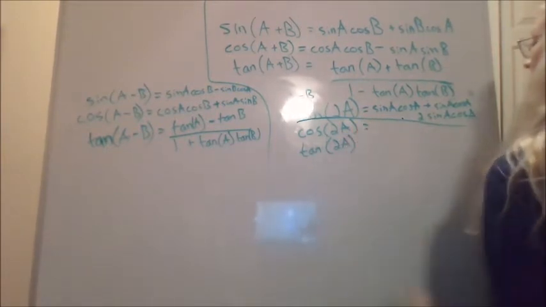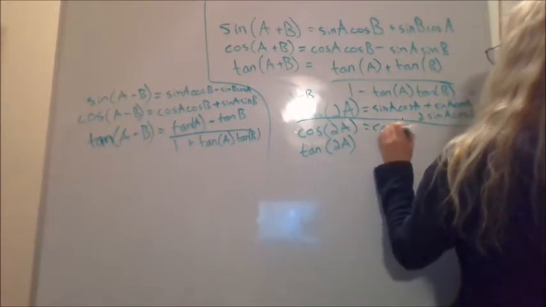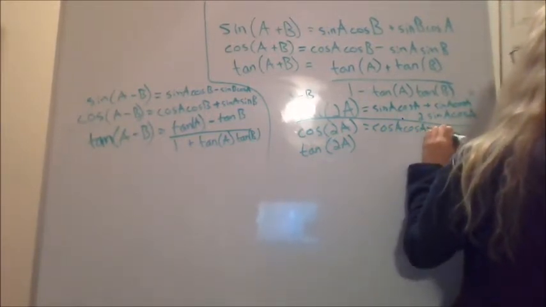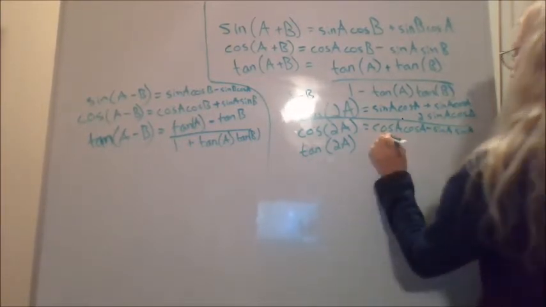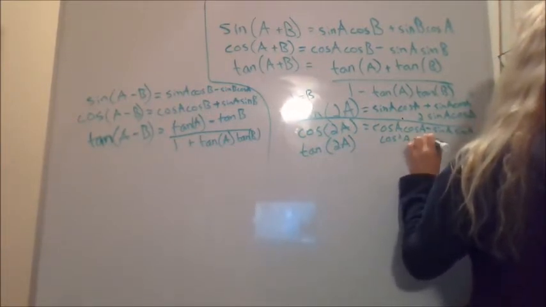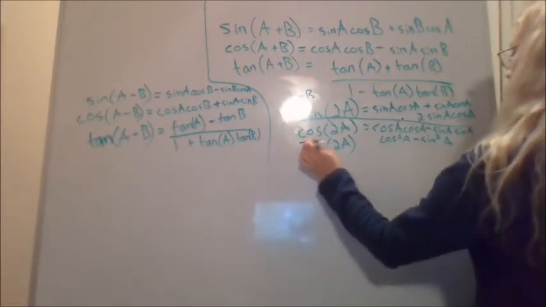So cosine of 2A, we're going to have cosine of A cosine of A minus sine of A sine of A. So now we have cosine squared of A minus sine squared of A.